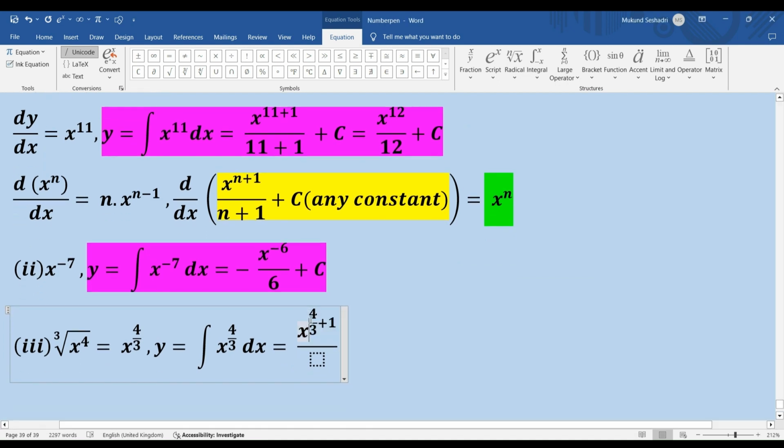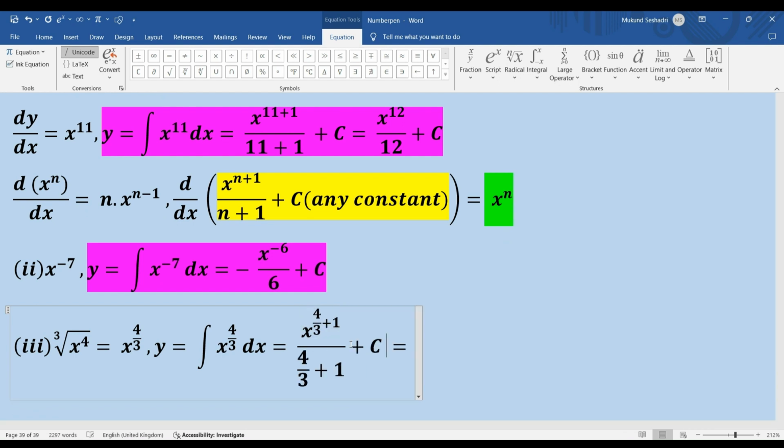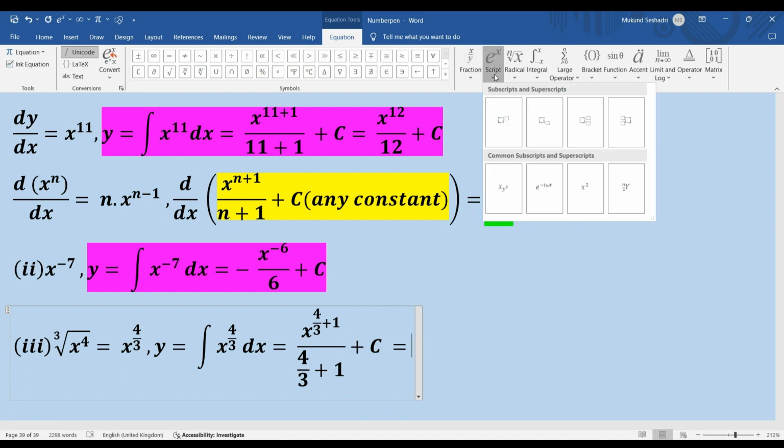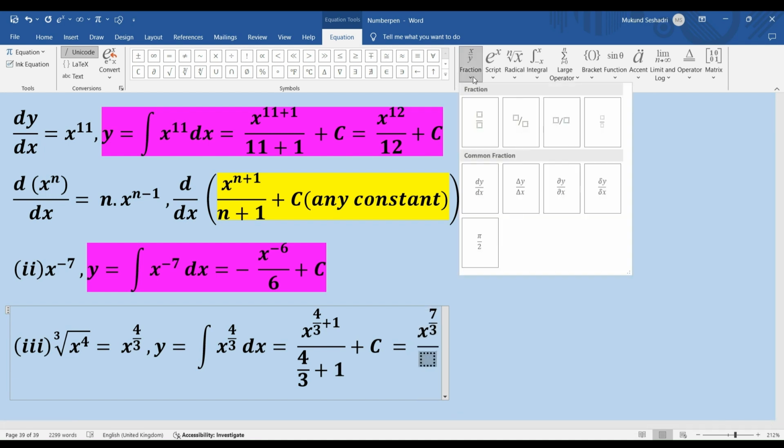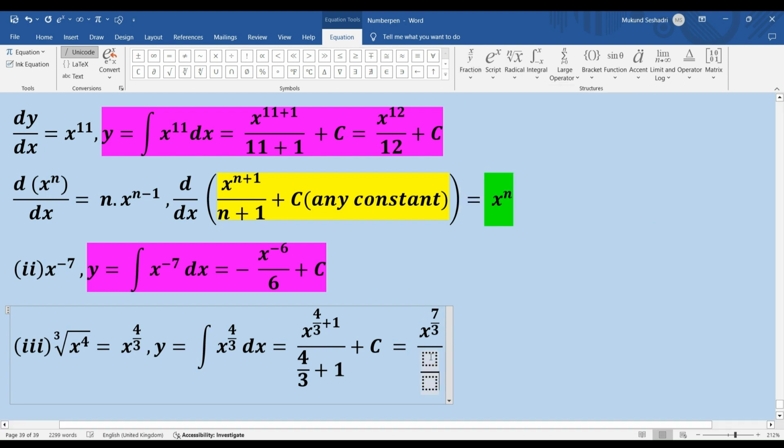And then remember, folks, in all your answers, do not forget to mention the constant, right? So what happens to my numerator? It is x to the power 7 by 3 whole divided by 7 by 3, which means it becomes 3 by 7, plus c.